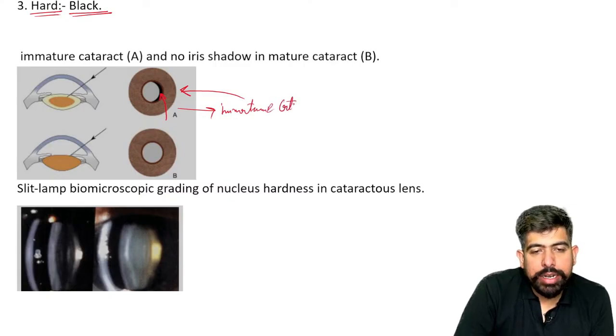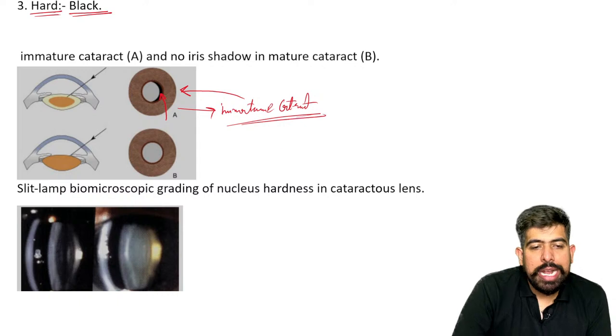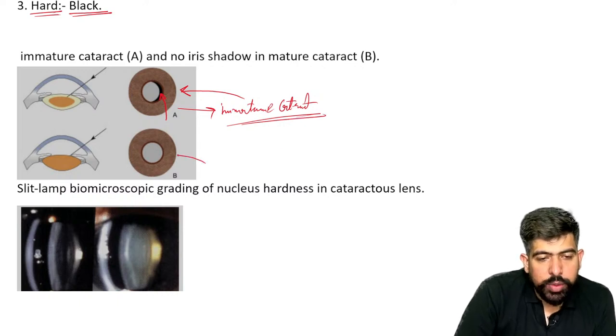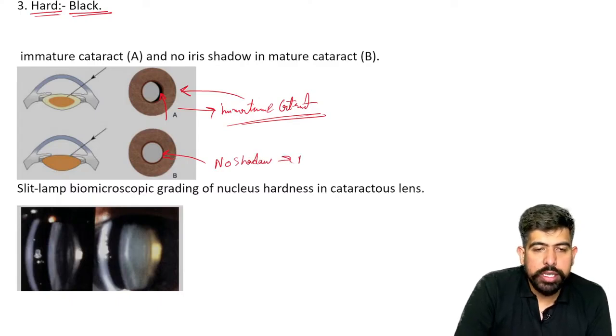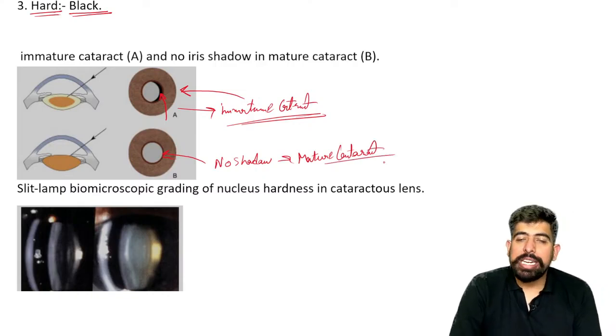And if there is no shadow, as you can see here, I told you this is a mature cataract.